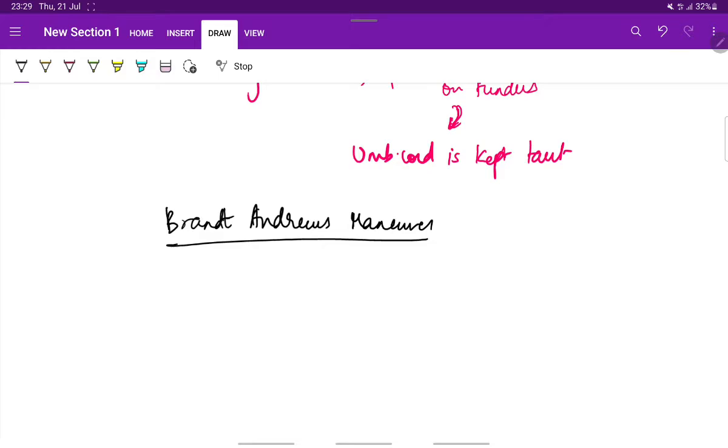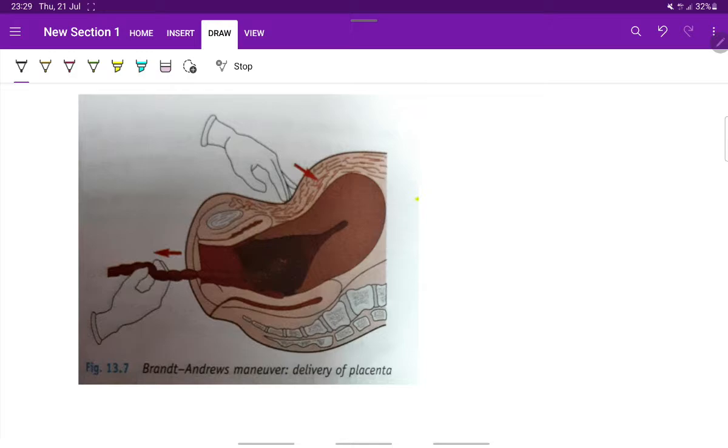We will see this and understand with the help of a diagram. So, this is the Brandt-Andrews method for the delivery of the placenta.